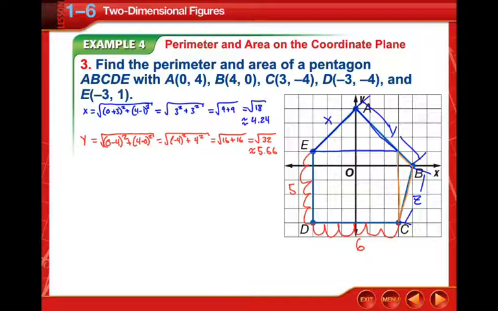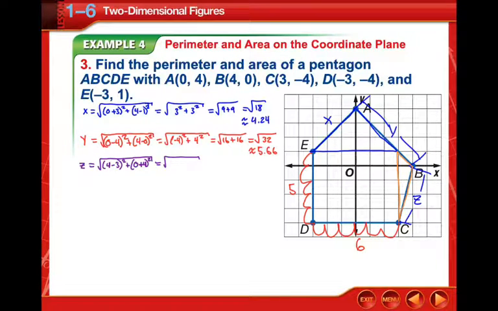And then for that last side, Z, this is all to find the perimeter. Z goes from B to C, so that's going to be 4 minus 3 squared plus 0 minus -4 squared.